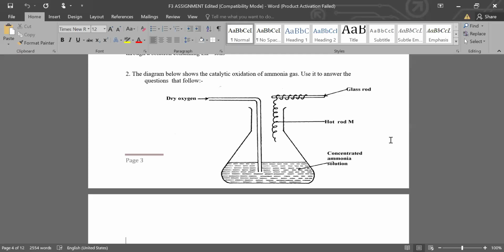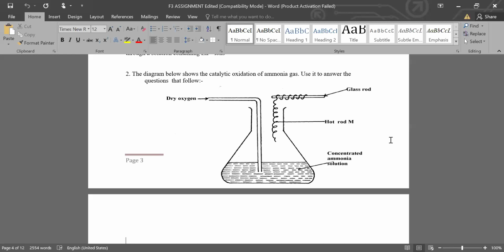So ammonia fumes will move from the solution and they react now with oxygen on the surface of the hot rod M. That hot rod M is a catalyst, and it is platinum.